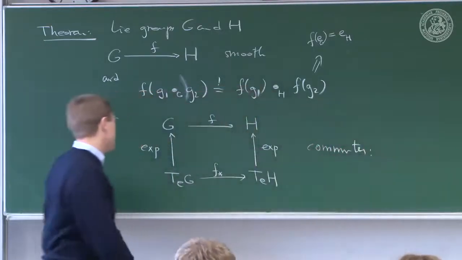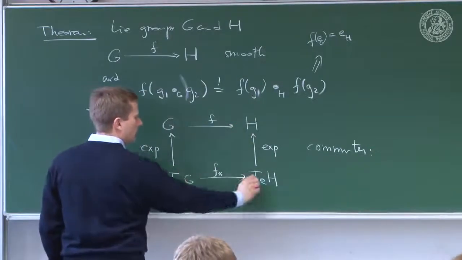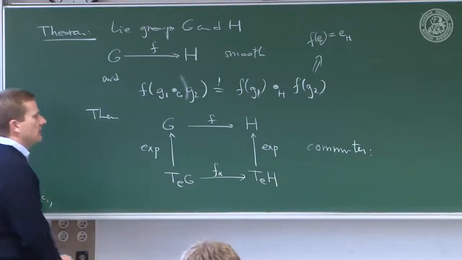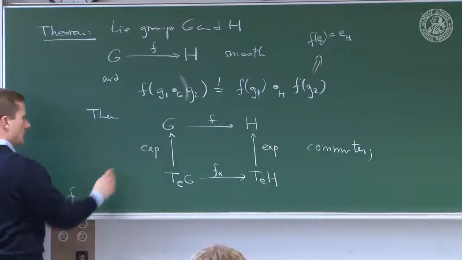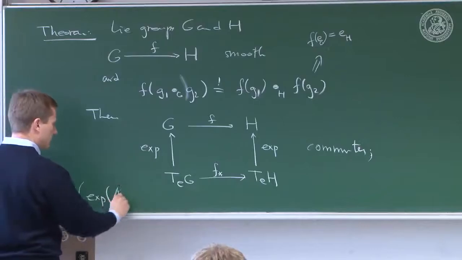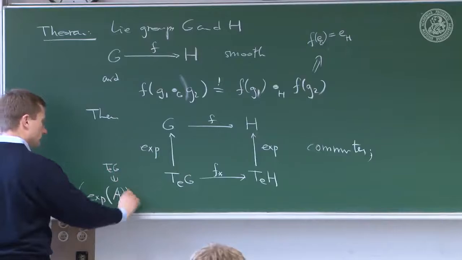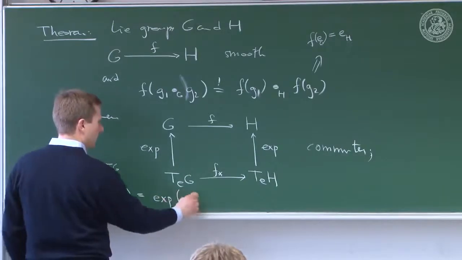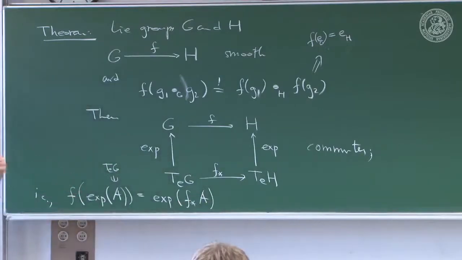And we know what that means. It means you can go either way. You can either go from here to here, or you can go this way. So let's spell it out nevertheless for practice. That is that F of exp of A, so an A therefore is an element of TEG, is the same as exp of the push forward of the same A. So you can exchange this.